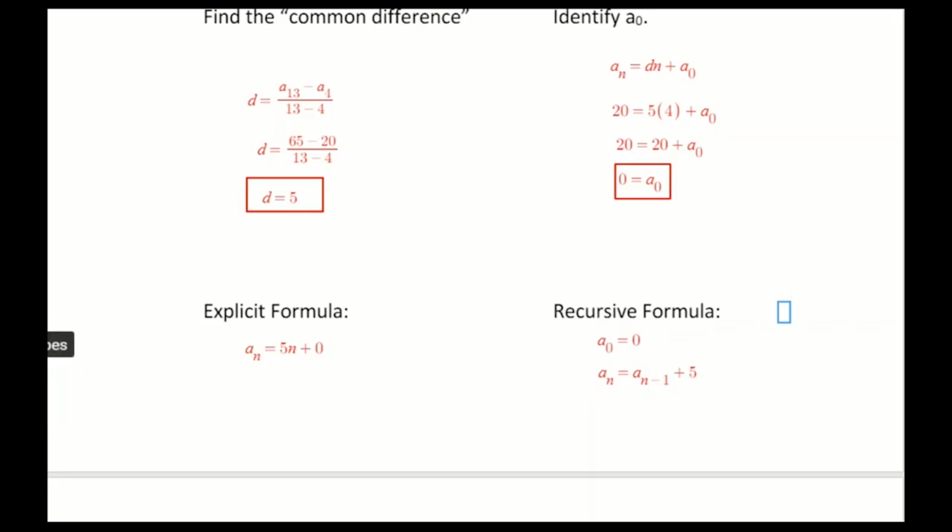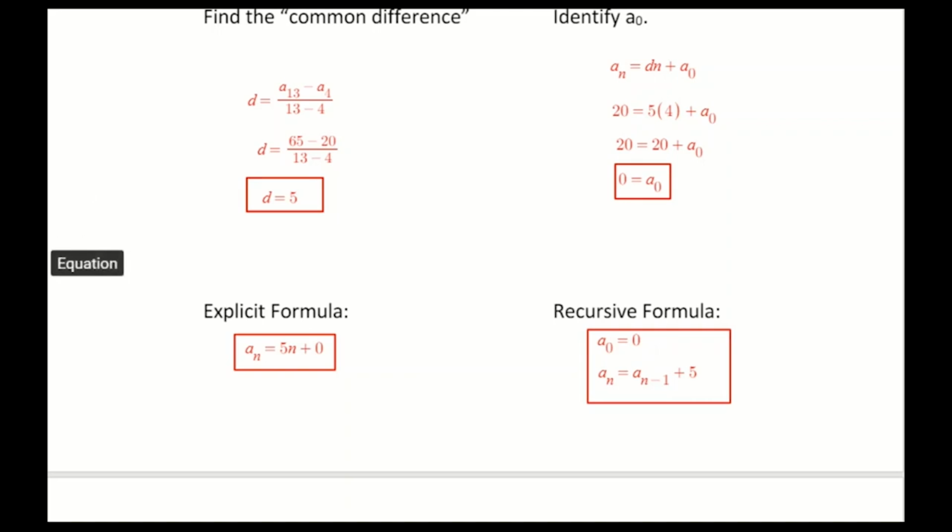Okay, so we've got our explicit formula and we've got our recursive formula. And again, now that we've established what these are, I'm going to clean up this explicit formula real quick. We don't need the plus 0 in there, so I'm just going to write it as 5n. Can I do that? Nope. It's just going to be a big old box there. I guess I could try to center this, but who cares, right?